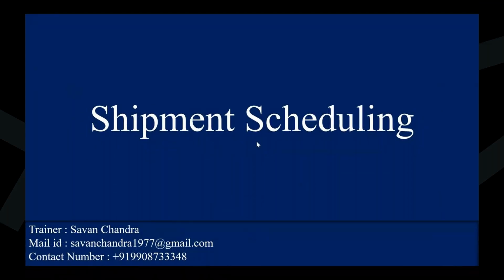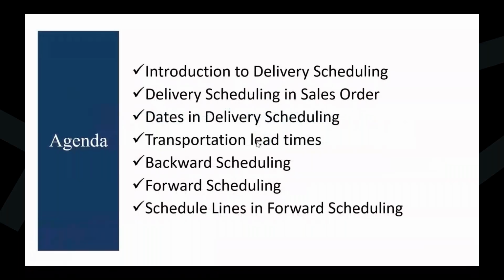In shipment scheduling, the topics that we are going to cover are: introduction to delivery scheduling, where we will understand what delivery scheduling in a sales order is, how the scheduling happens, what the criteria are, and what elements are taken into consideration. Then dates in delivery scheduling, how the different dates are calculated. Transportation lead times, what they are and how they affect the scheduling.